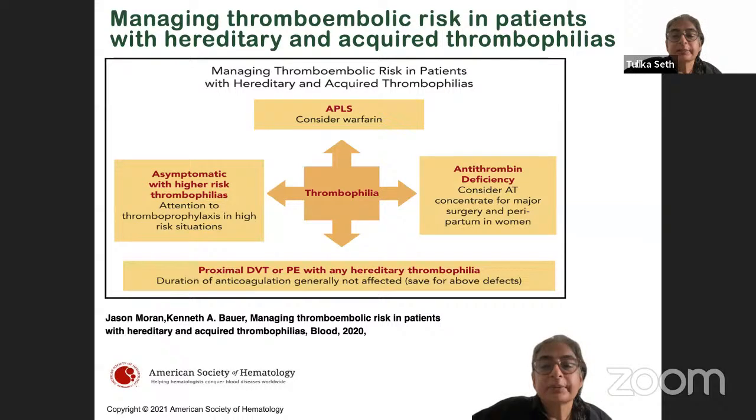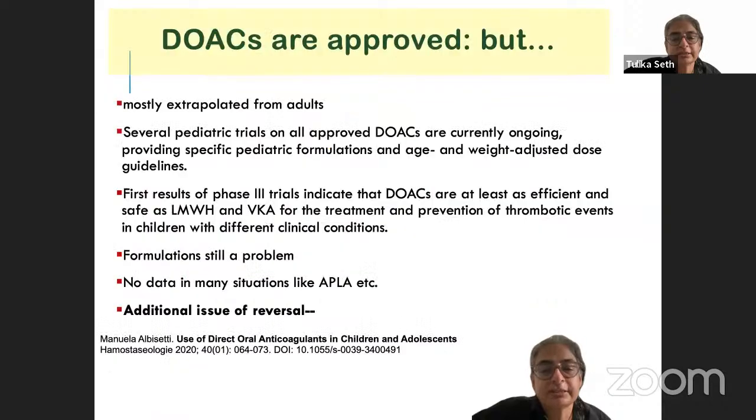If you have, for example, antithrombin deficiency, there is antithrombin available. If patients have protein C, protein S deficiency, then that concentrate is also available abroad. Though in India, we would end up with only anticoagulating these patients because we don't have the antithrombin and protein C, protein S available for us.